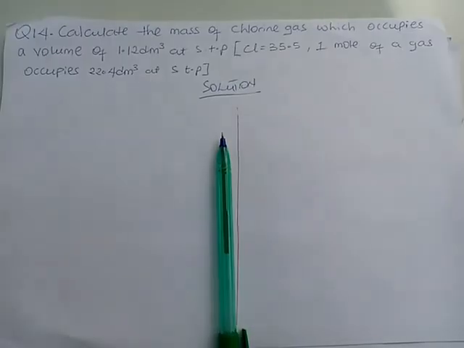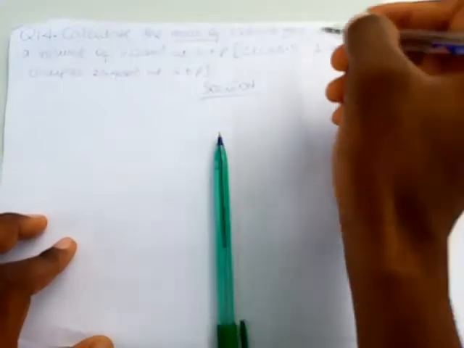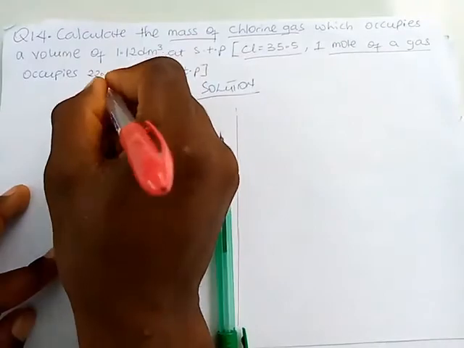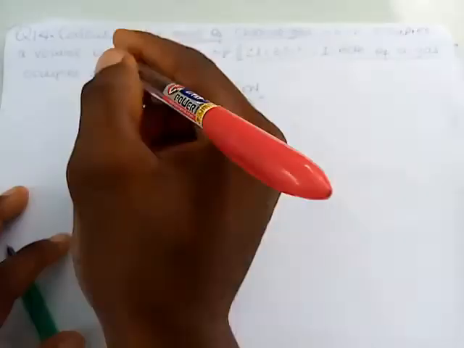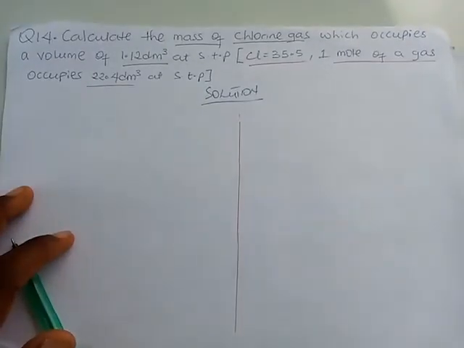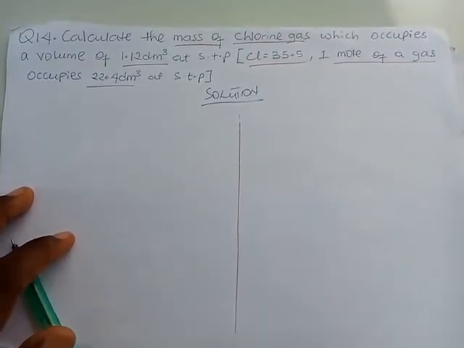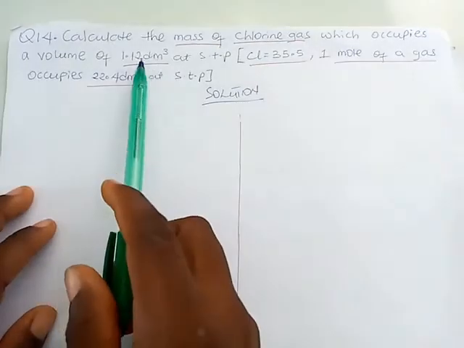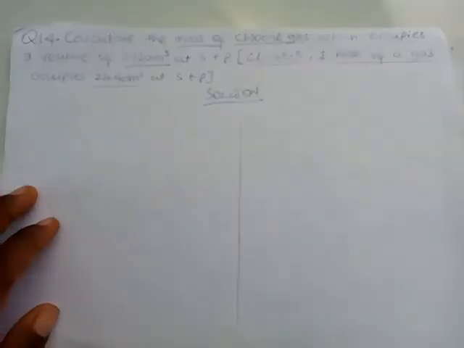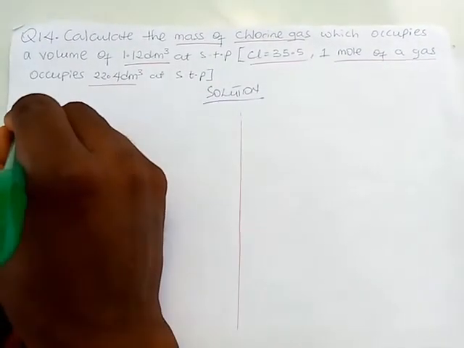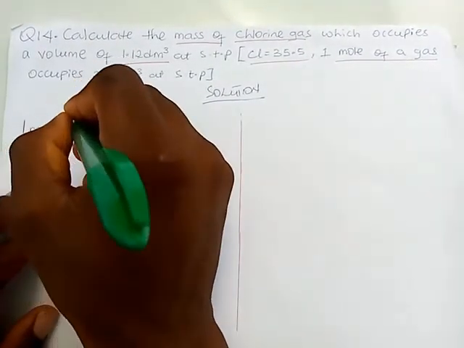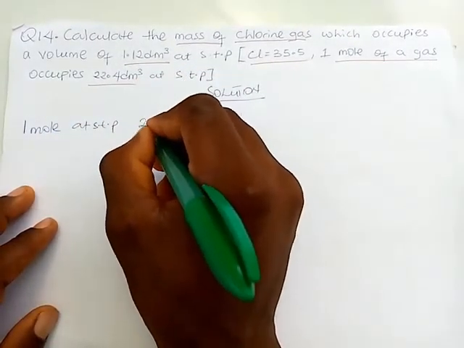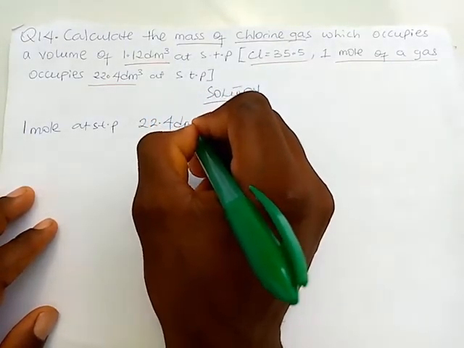So we're asked to obtain what? The mass. All these are hints. Volume given. Our main focus is to obtain the mass that occupies this given volume. And we'll come back to say 1 mole at STP will occupy what? 22.4 dm cube.